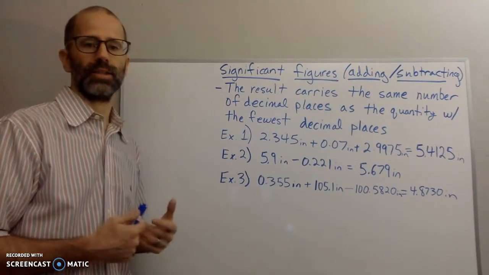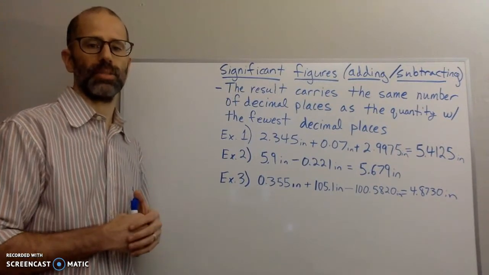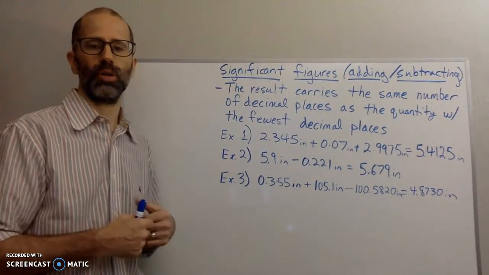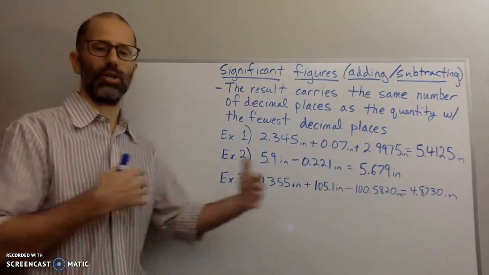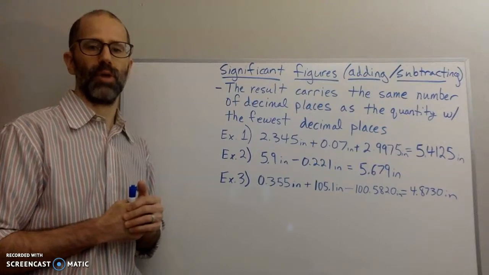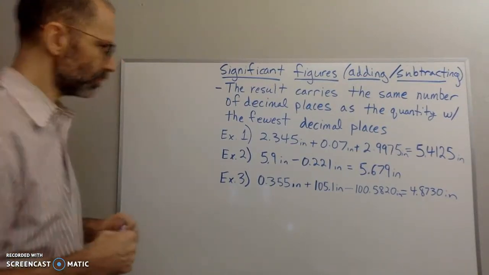What they are testing is your ability to look at the answer and figure out how many digits I am allowed to keep in my answer. The calculator can spit out a large number of digits, but you can't keep them all. So you have to figure out how many of those digits you're going to keep.